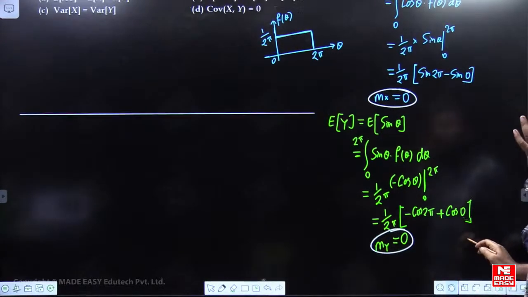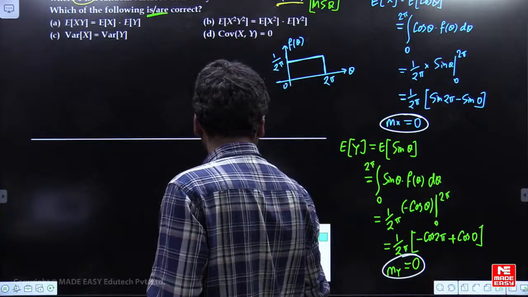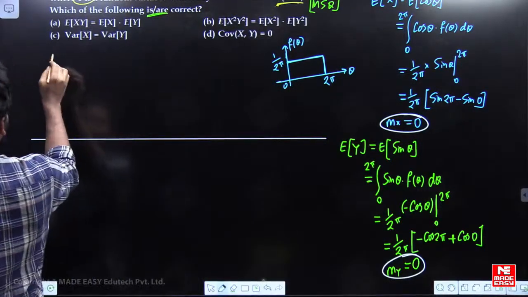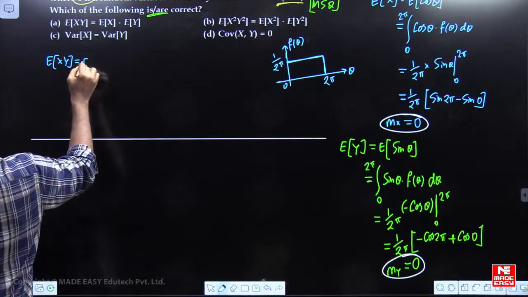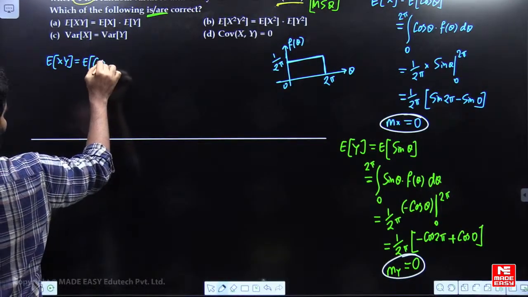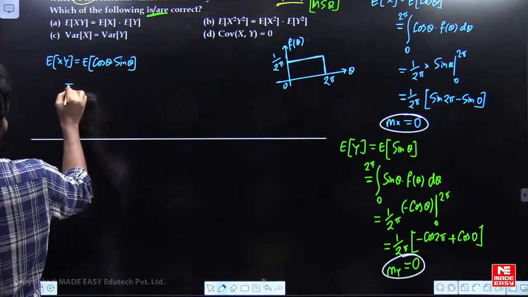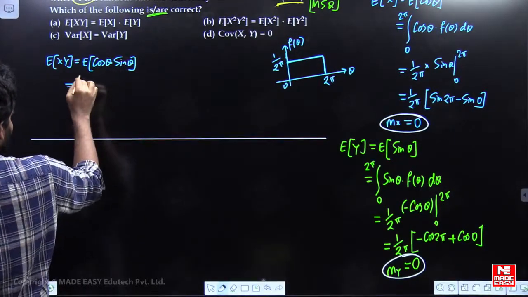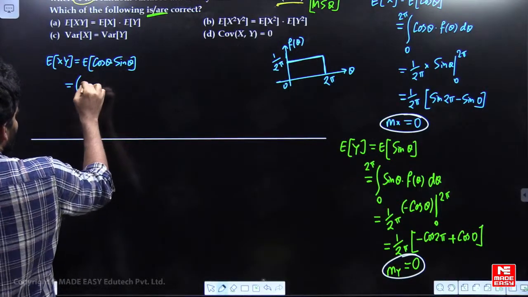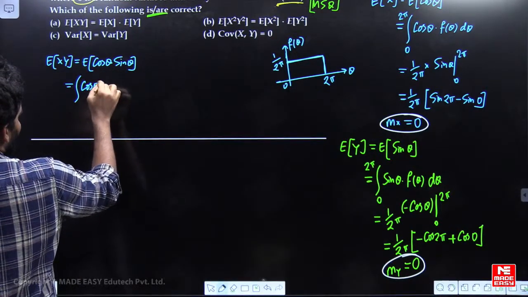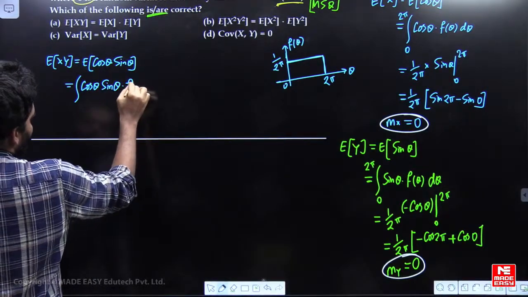And if you find out expectation of xy, let me do it here. Expectation of xy is expectation of cos theta sin theta. What is the random variable involved here? Theta. So this is integration, and theta is a continuous random variable. For which quantity we are finding expectation, same quantity multiplied with the density function.